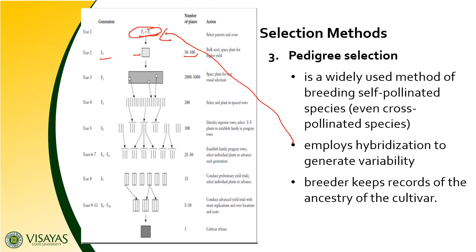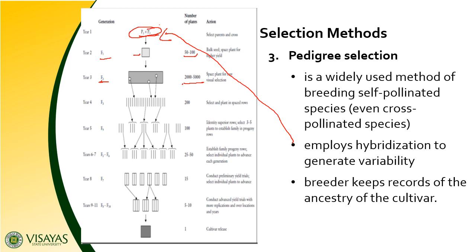So in self-pollinating the F1, you will produce F2s. So from many F1s that are self-pollinated, you can create as many as 2,000 to 5,000 seeds. Then you plant it in the third year, planted in space, with individual spacing.